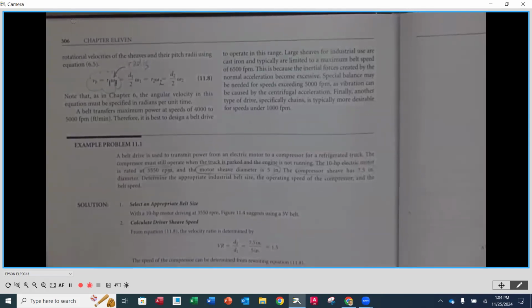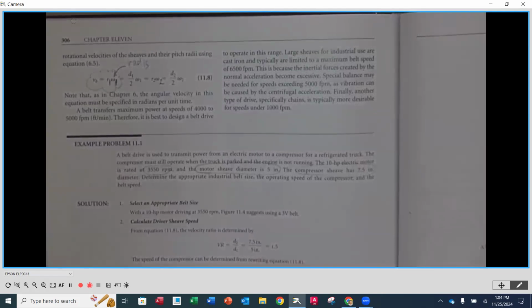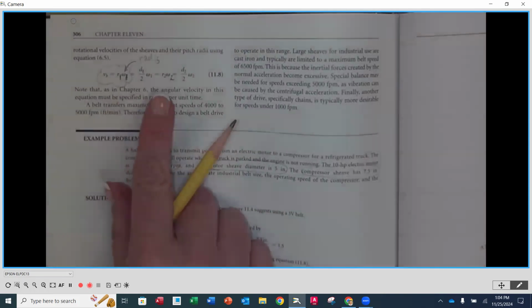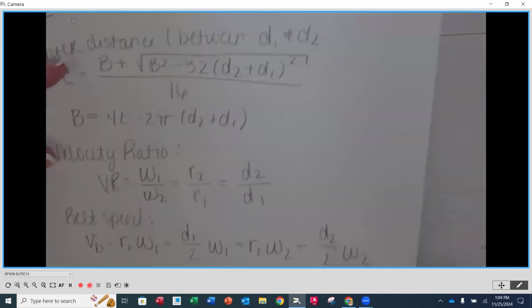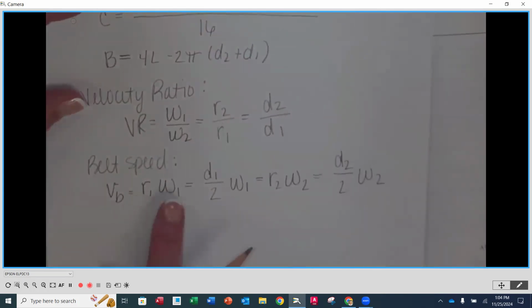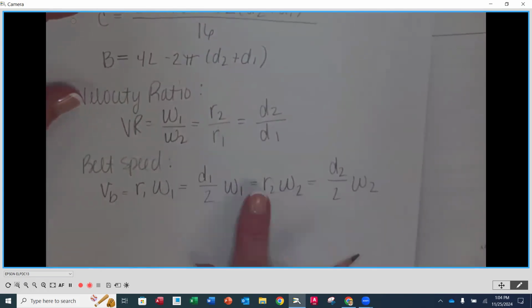But we also can calculate that by taking the pitch diameter of the pulley divided by 2 times its rotational speed. And then we can also say that that's equal to radius 2 times rotational speed of pulley number 2, or again, the pitch diameter 2 divided by 2 times W2. So make sure that you have your ones and your twos together: my W1 and my R1 together, and my W2 and my R2.